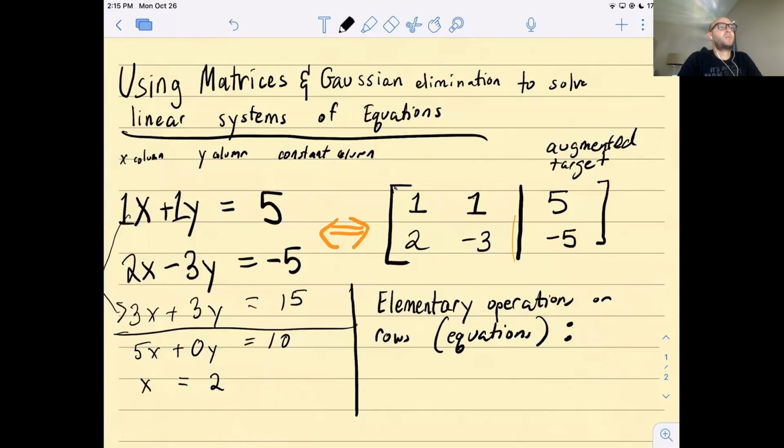You may change what the equation looks like, but you don't change the actual equation. So one thing you're allowed to do is multiply an entire row.